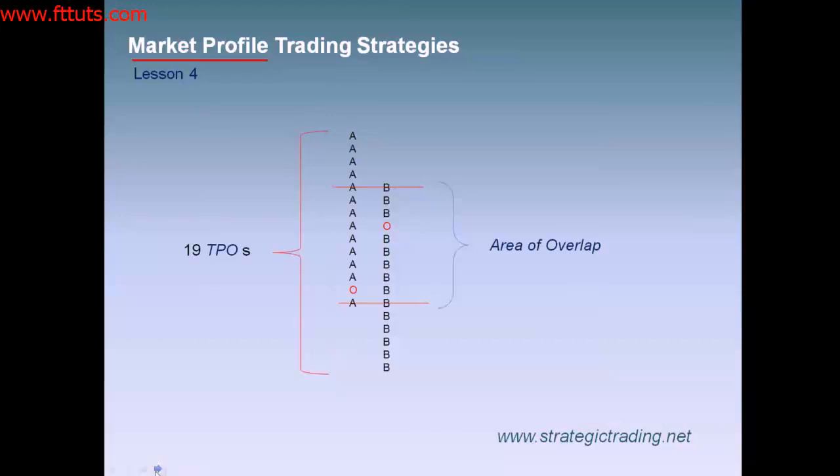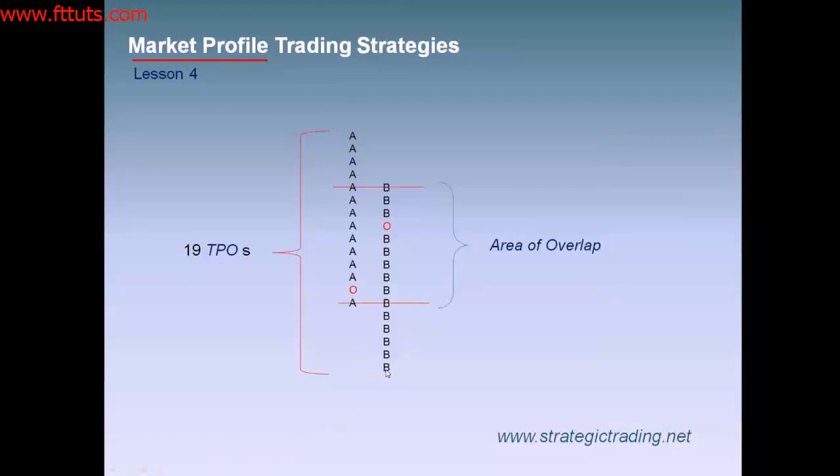All right, so another exercise that we do, first we've identified that we have a large area of overlap. We actually count the total number of TPOs for the entire initial balance. And here on the 30th, we had 19 TPOs.